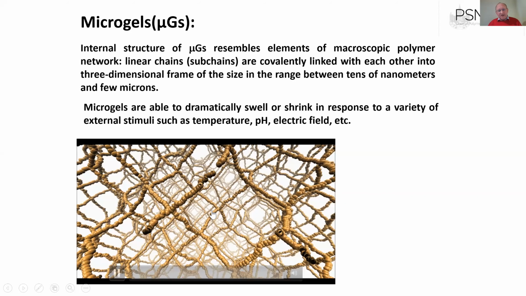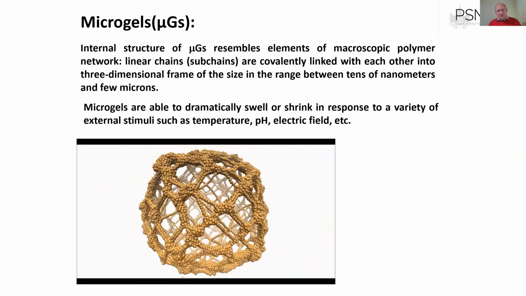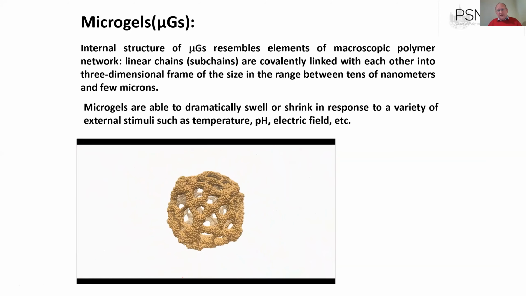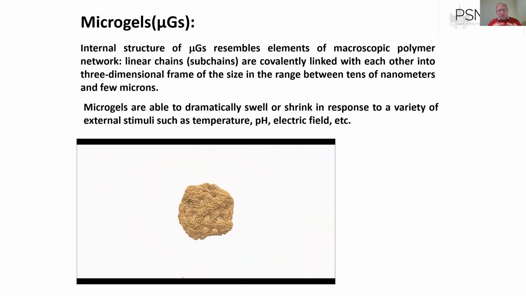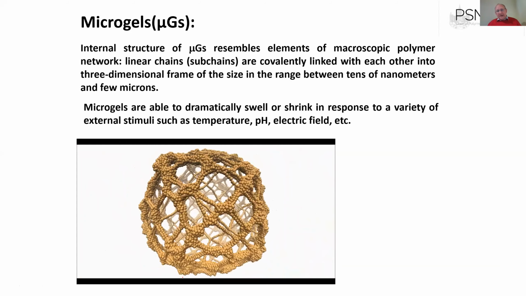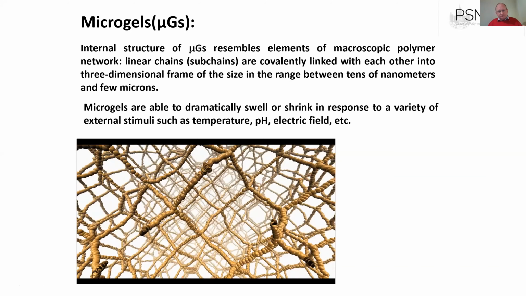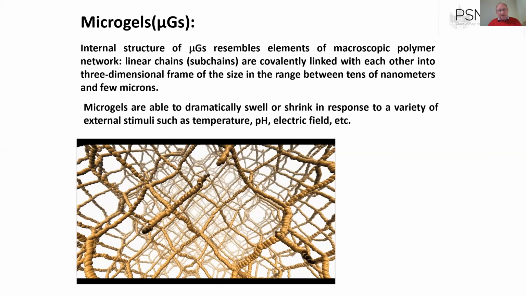But if we change the environment, if we switch on attraction between monomer units, we can see formation of a dense, collapsed state of the microgel, which, from the physical viewpoint, is a transition from gas to liquid. So it's a kind of condensation of the microgel upon the change in the solvent quality.